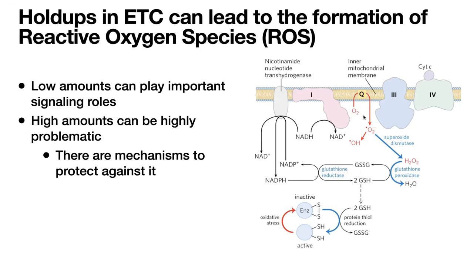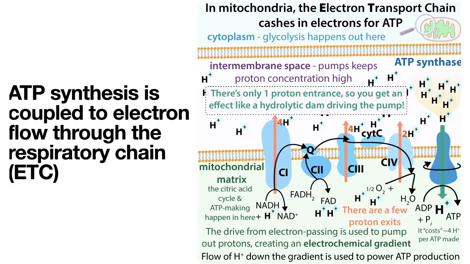I know it's a little confusing, because we've got low amounts of oxygen, but we're generating reactive oxygen species. That's because we don't have enough oxygen to keep this pathway moving really fast, and so we get these holdups. So the oxygen that we do have, because it's not being reduced in this normal way, is now able to react with those free radicals that are leaking out further up the line.